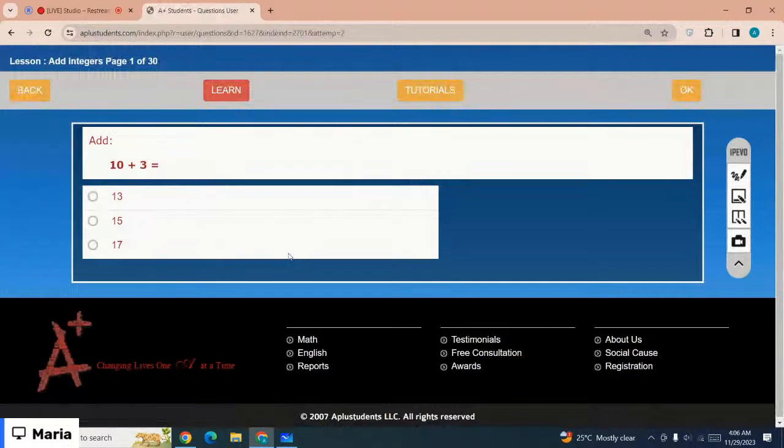You simply have to add them. They both are positive numbers, so the answer must be positive. Simply add them. 10 plus 3 equals 13, right? The correct option is 13.